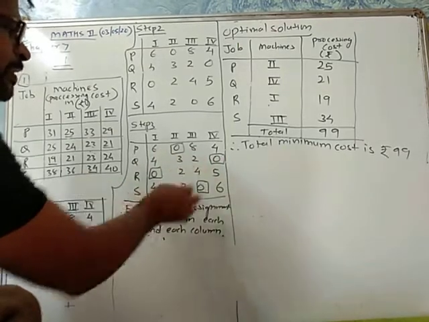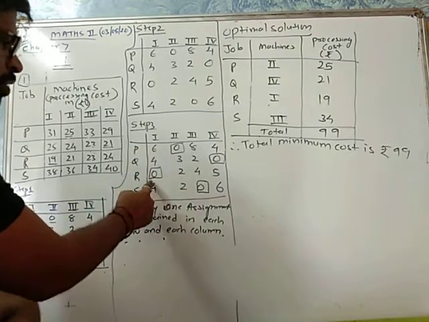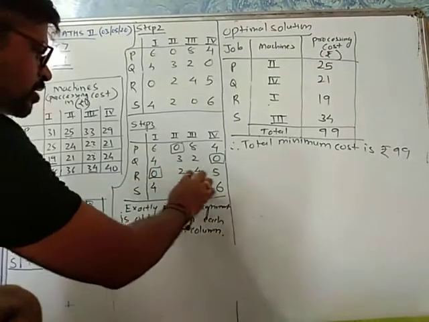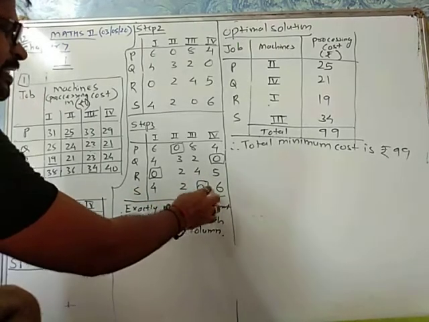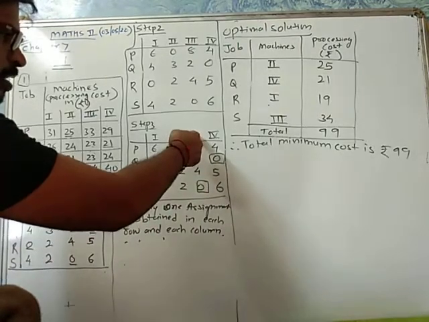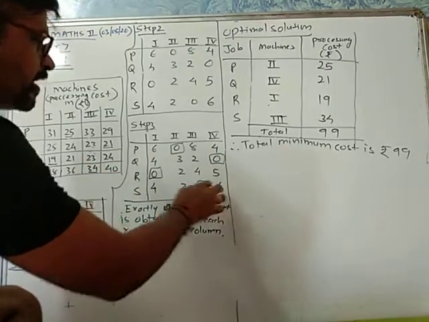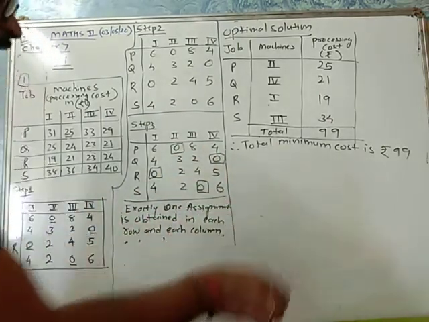If any zero comes in that particular column or row, you should cancel it.